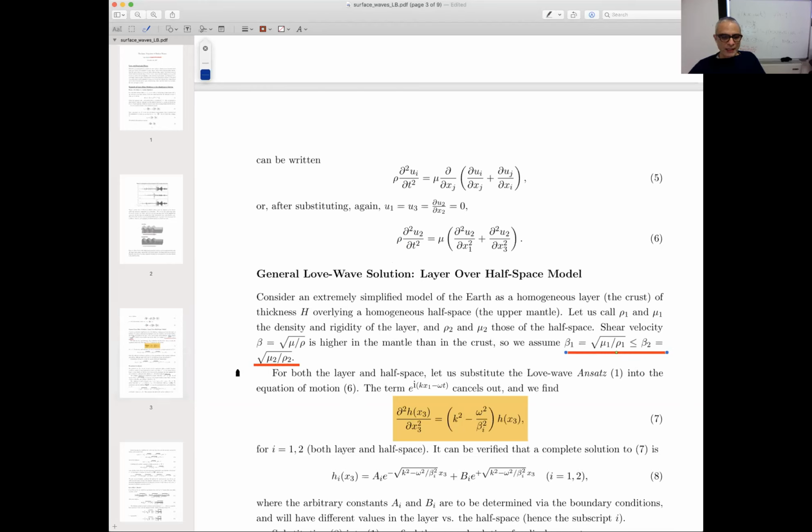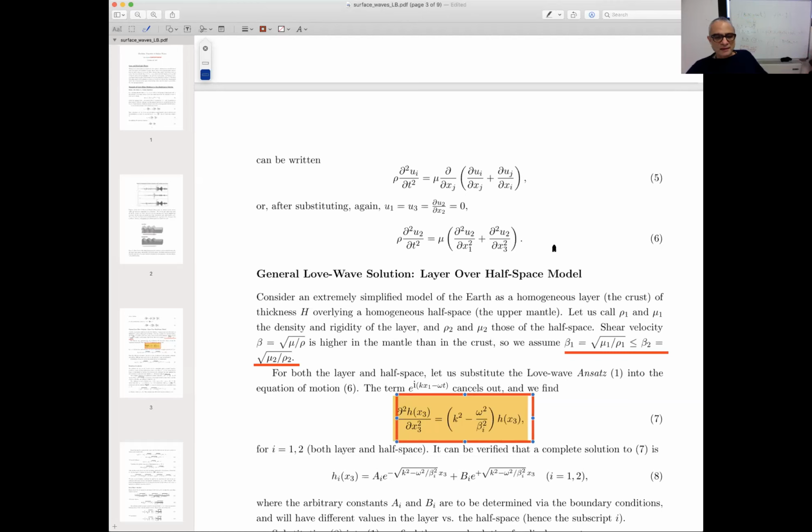Why do I have beta 1 and beta 2 here? Well, because I told you we are doing a layer over half space model. So before we apply the boundary conditions, implicitly, we are solving our equation in both layers of our model, 1 and 2. This equation, the way we've derived it, has to hold no matter in which layer we are, until the discontinuity comes into play.